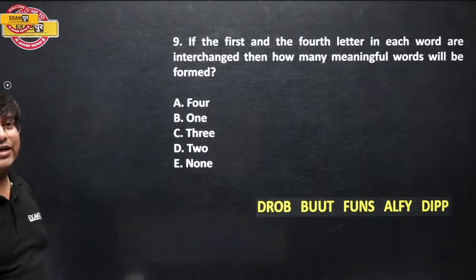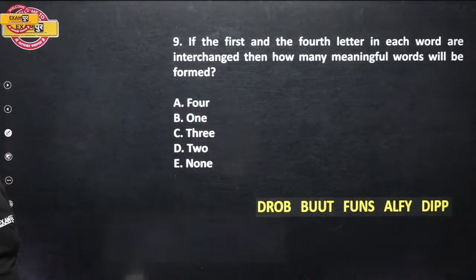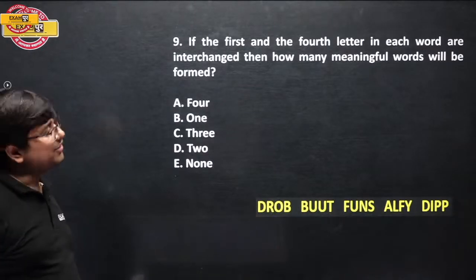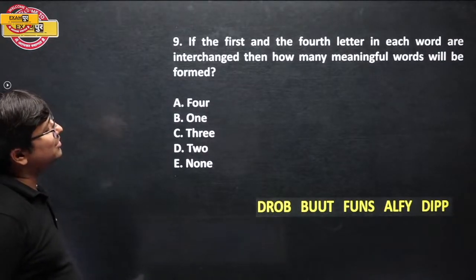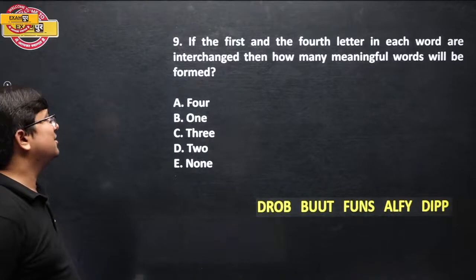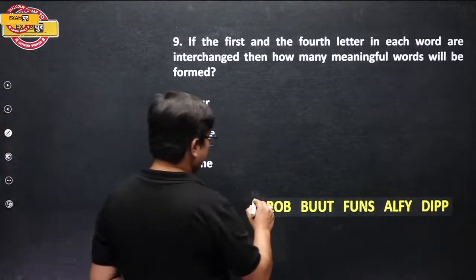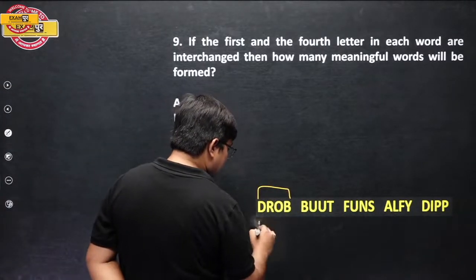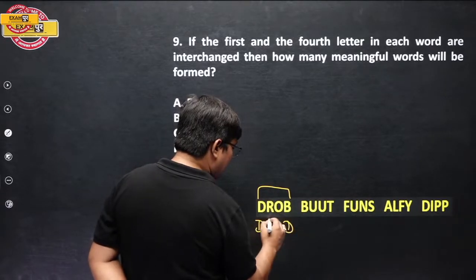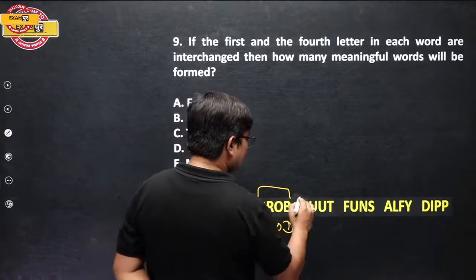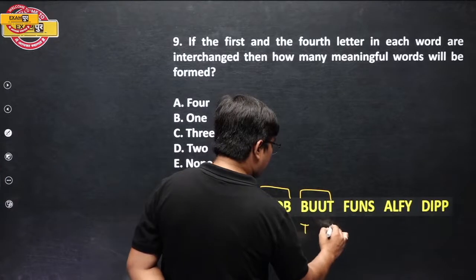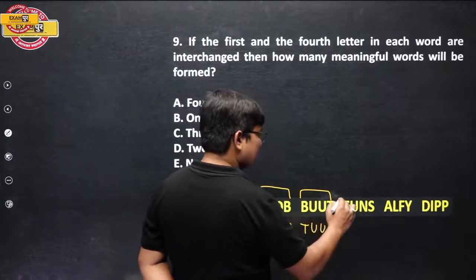Only see, it is telling you, very good Arvind and Balidan. It is telling you the first and fourth letter in each word are interchanged. So that means B comes over here, D comes over here, R and O is as it is. Interchange, T over here, B over here, U and U is as it is.